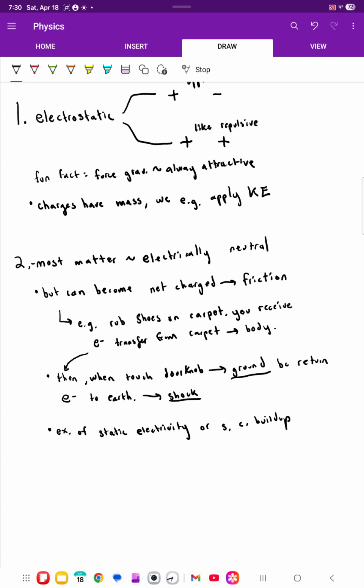But when you touch the doorknob, known as the ground, the electrons go back to the earth, and that sensation is known as shock. This is known as static charge buildup, and this is easier in humid weathers because electric charges are separated.